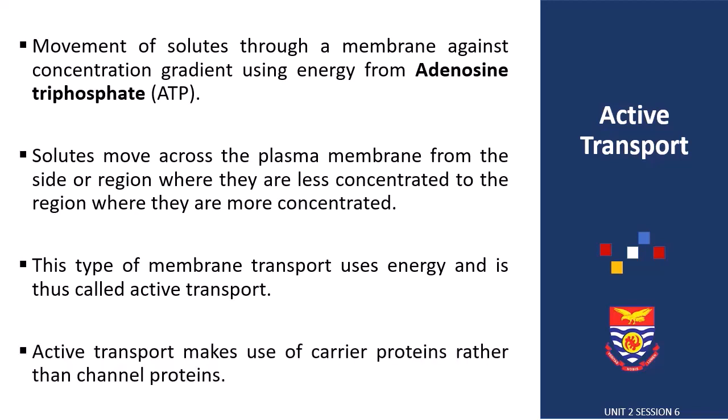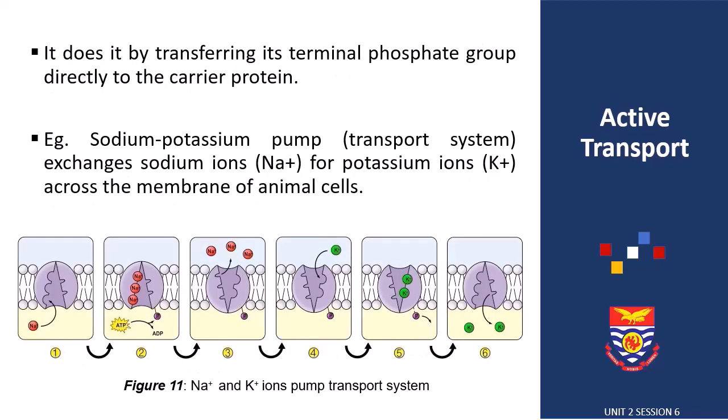Active transport makes use of carrier proteins other than channel proteins. A typical example is the sodium-potassium pump transport system. This system requires the use of energy from ATP, whereby the terminal phosphate group of ATP is transferred to the carrier protein.